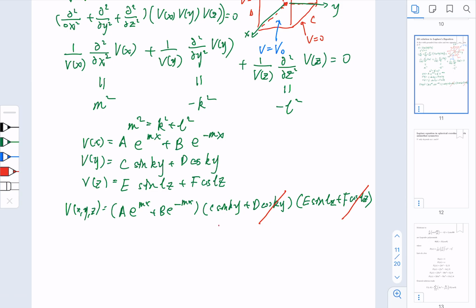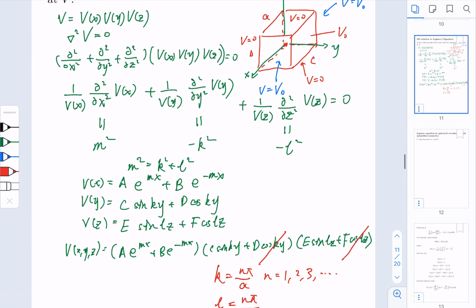k must also take some integer values of n pi over a, and this n can be 1, 2, 3. Sorry. And this L again is similar, it takes n pi over, let me see.